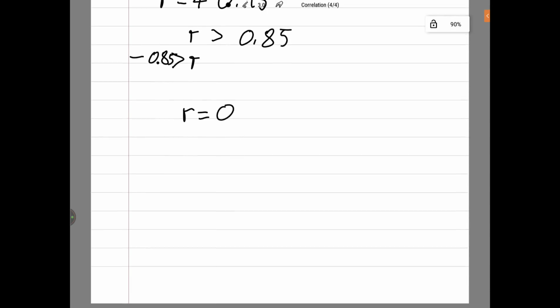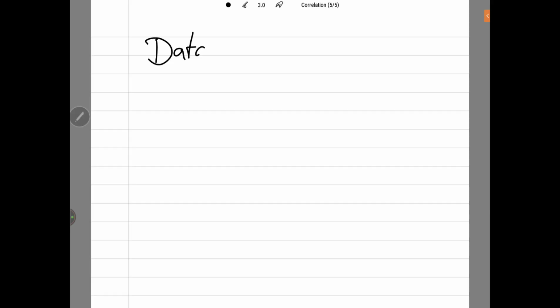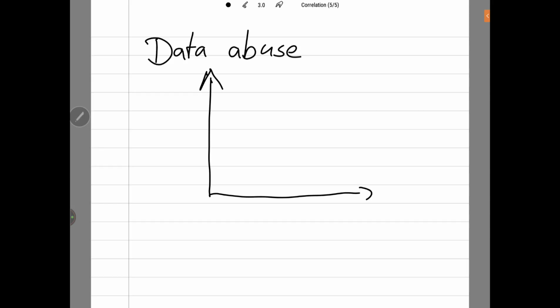Because this leads us into data abuse. The first thing that abusers do is they say, right, I have a correlation.